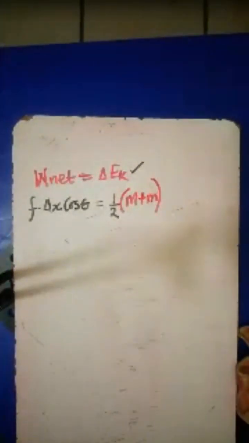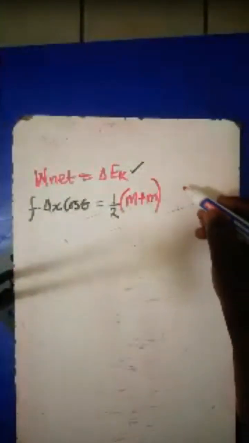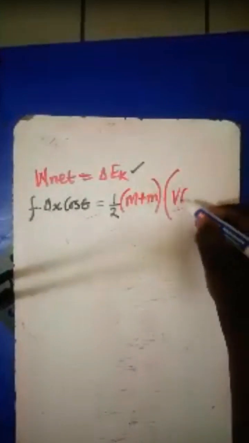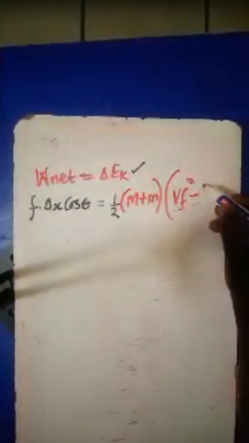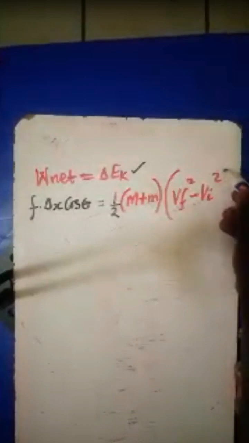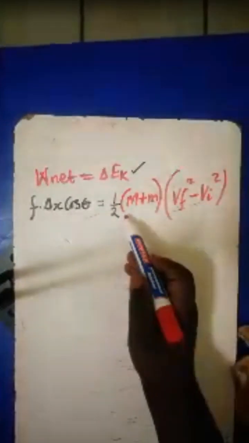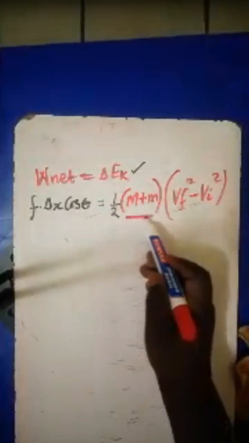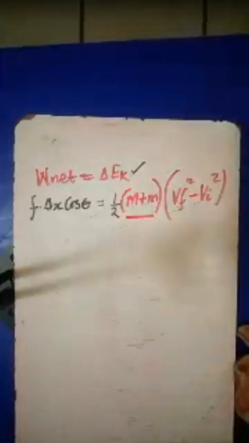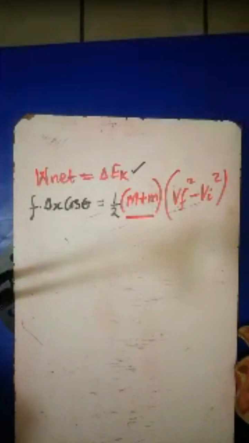It was a box and a bullet. Then velocity final squared minus velocity initial squared. Most of the colleagues, when I check your answers, you were missing on the mass. Most of you are using 1 mass, which was a problem.